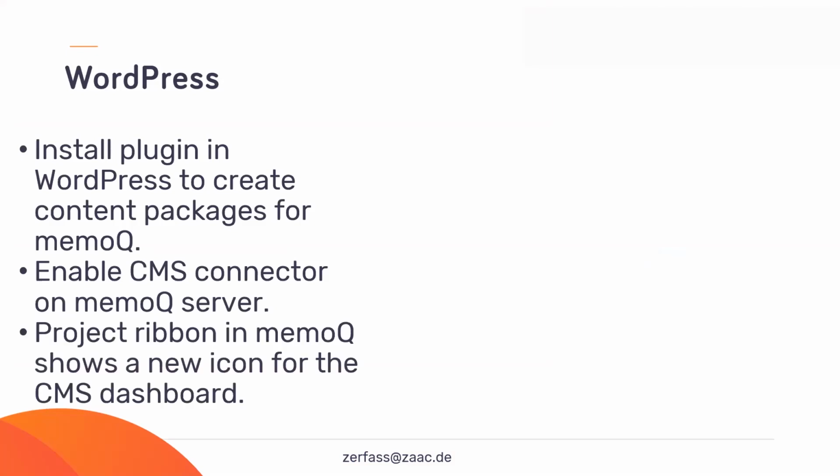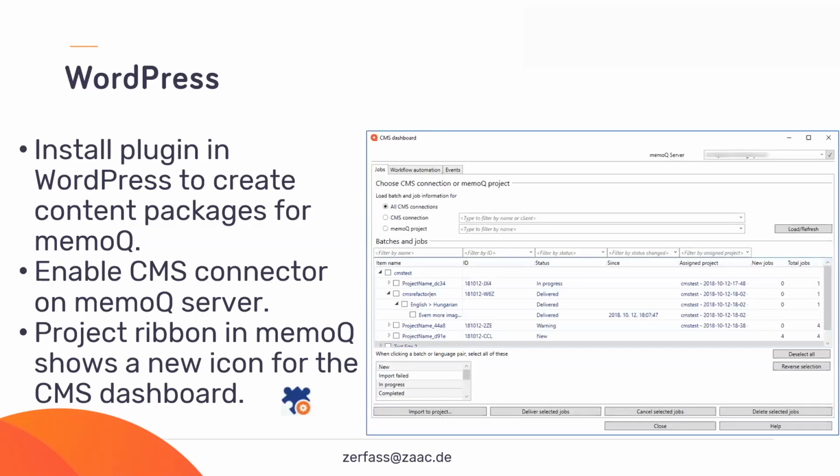And in the project ribbon of memoQ, you would then have a new icon, which would call up the dashboard, with the connection information between the content management system and memoQ. And from here, you can choose the job and import it to a certain project, and afterwards also deliver the files back to WordPress. So there's no folder in between where the files reside. It goes directly from WordPress to memoQ and from memoQ back directly to WordPress.